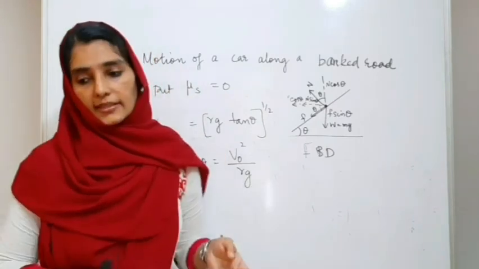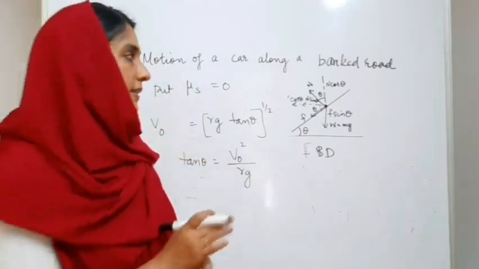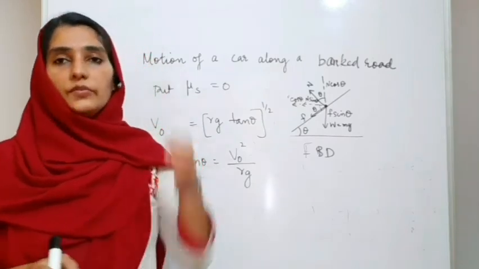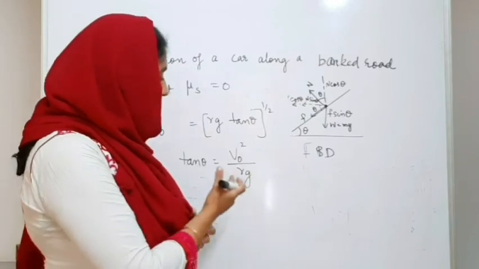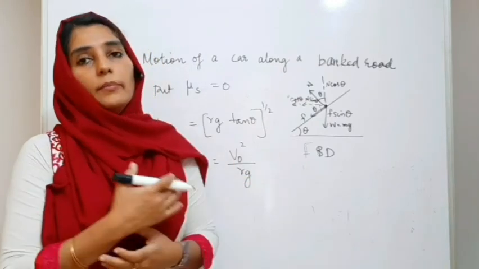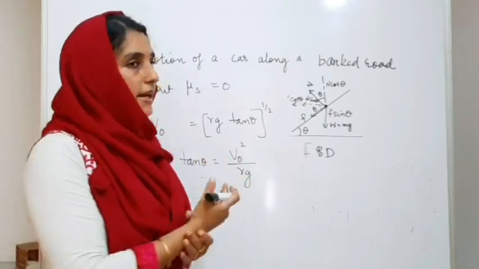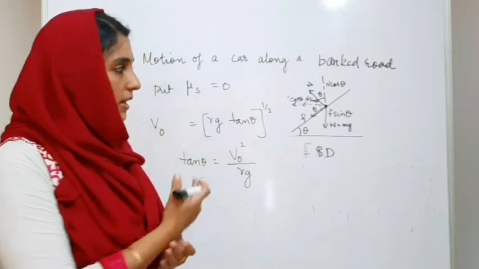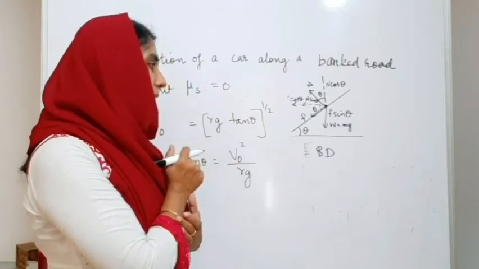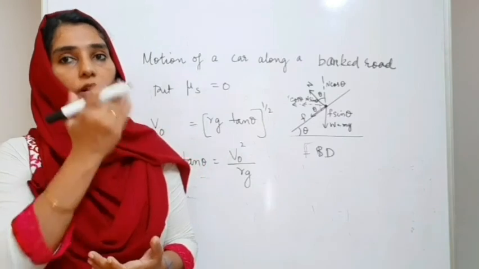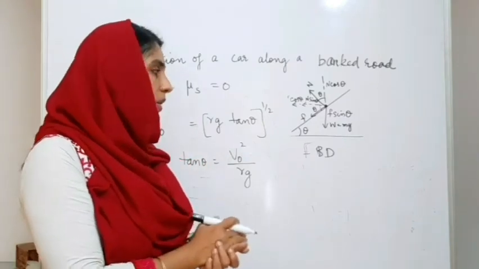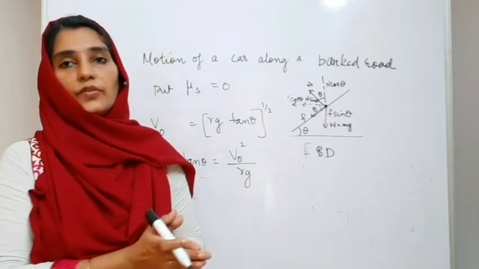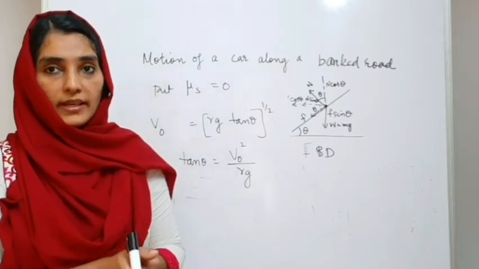So these are the things we have seen: for a car which moves on a level road and a banked road, the safe maximum speed can be increased if the road is banked, that is, the outer edge of the road is raised with respect to the inner edge. And also we have an expression for the optimum speed for minimal wear and tear.